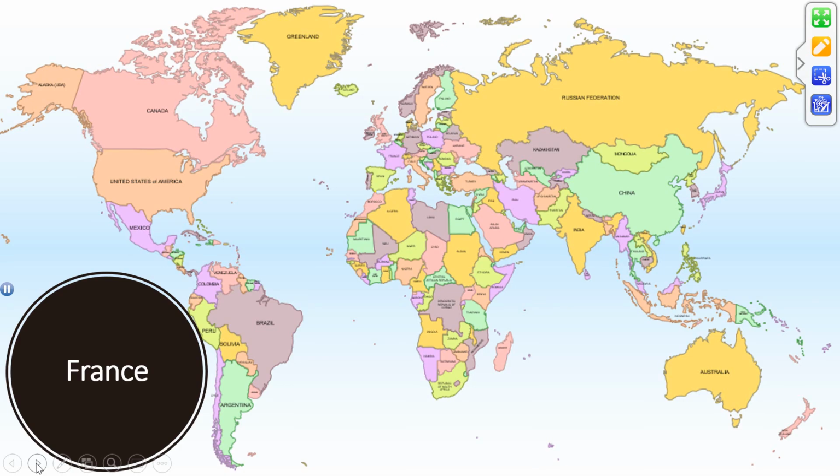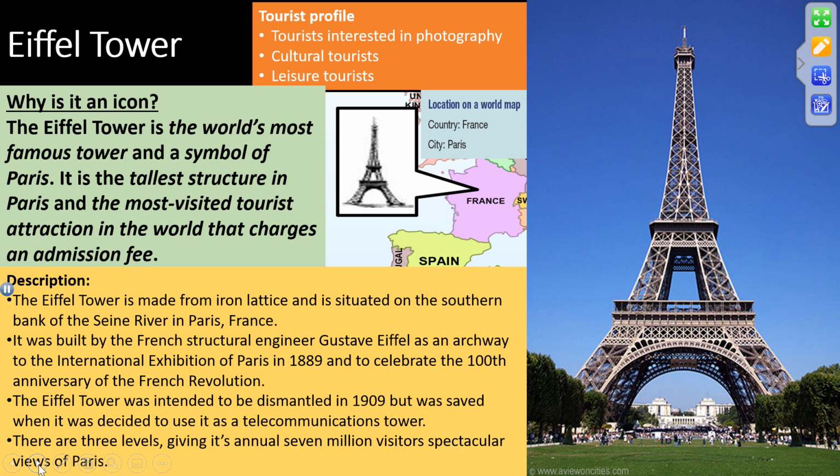We will go to France now, grade 12s, and visit two destinations in this country. There is the location of France on the world map. The first icon that we will visit here is the Eiffel Tower, certainly one of the most well-known icons in the world.